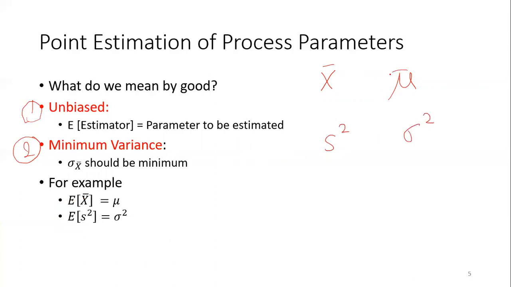Remember, these are the parameters of the population. They are unknown, and they are constant from sample to sample, and can be estimated.